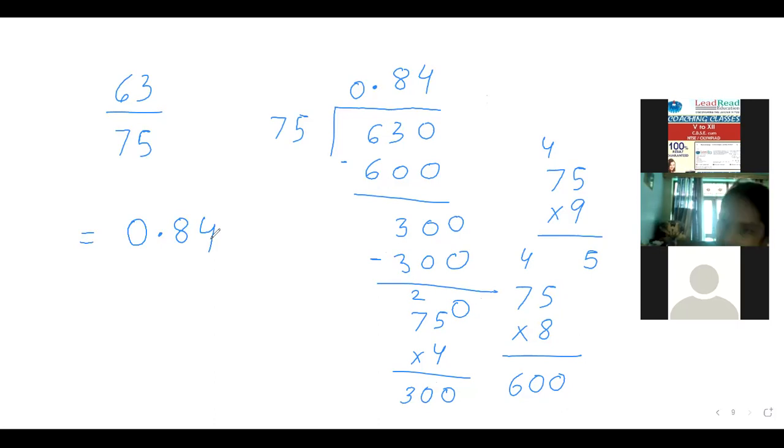Okay. Ma'am, what if the numerator is bigger than the denominator? Yes. Let us take one more example. See, I am having another class also. So let us try 3 by 2.